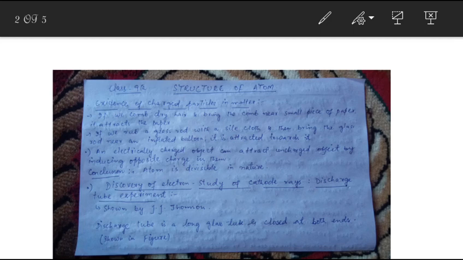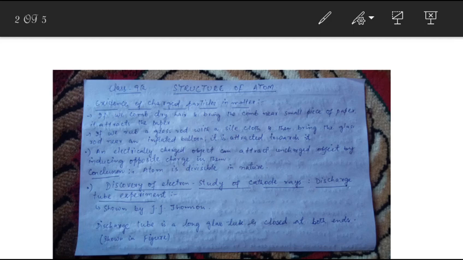Dalton explained only the postulates of his theory, but after that J.J. Thomson and Rutherford came. They proved the existence of charged particles in matter. For instance, if we comb dry hair and bring the comb near a small piece of paper, the comb will attract the paper.